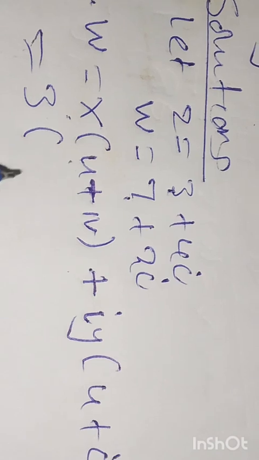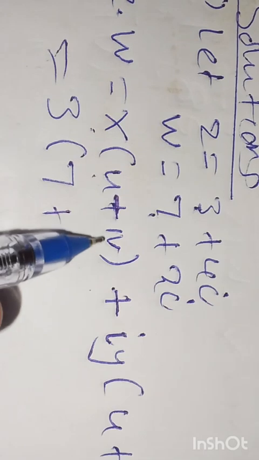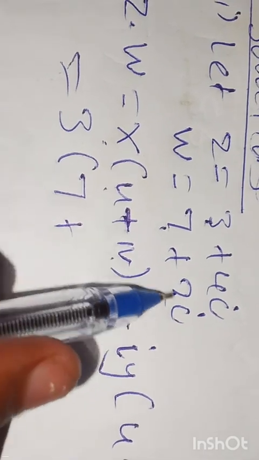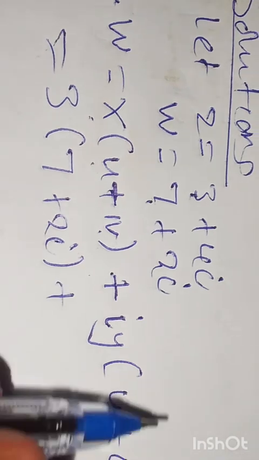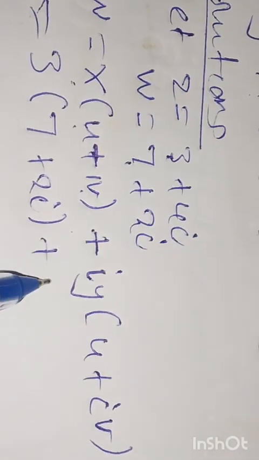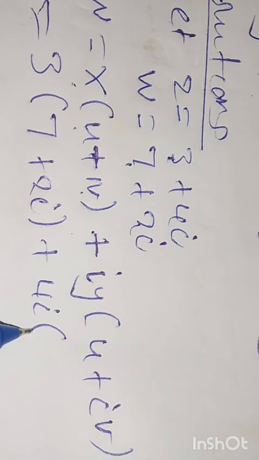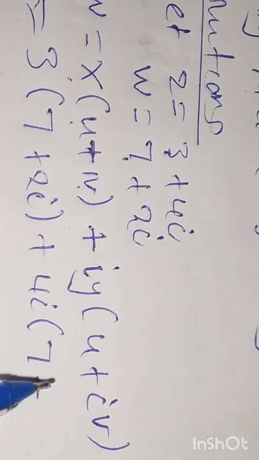Our u is 7, so it will be 7 plus, what is iv? Our iv is 2i, plus what is our iy? Our iy is 4i, so we put 4i multiplied by u. What is our u? Our u is 7 plus what is iv?